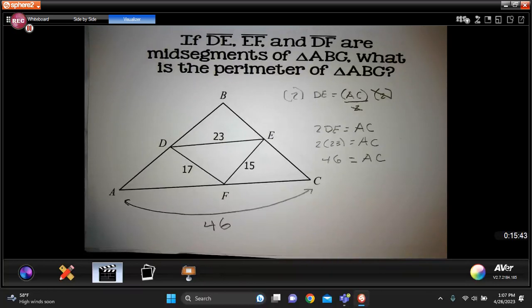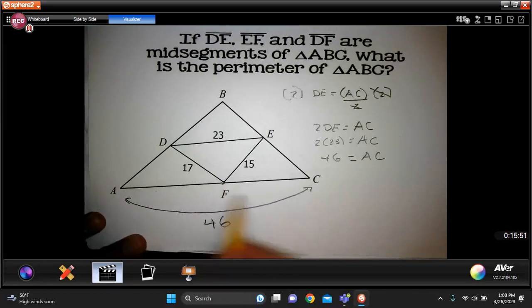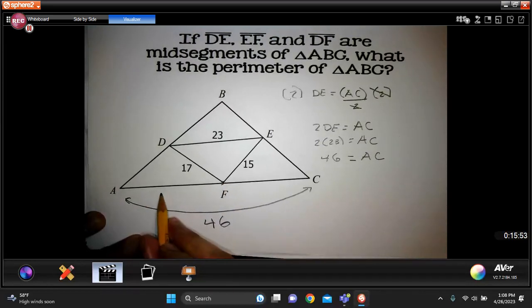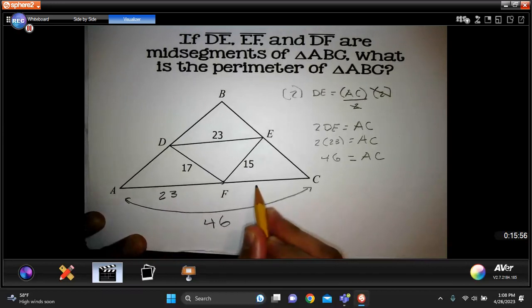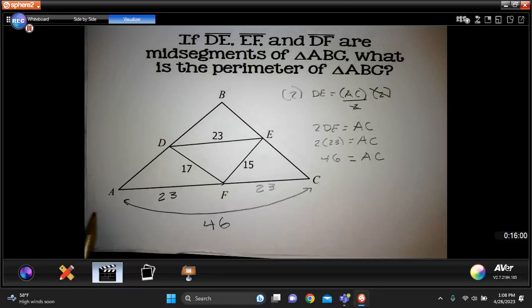And now the only thing I'm going to do here is, if this is 46, that means F is the midpoint of AC, so this is going to be 23, and this is going to be 23. Because remember, the little side is the big side divided by 2.